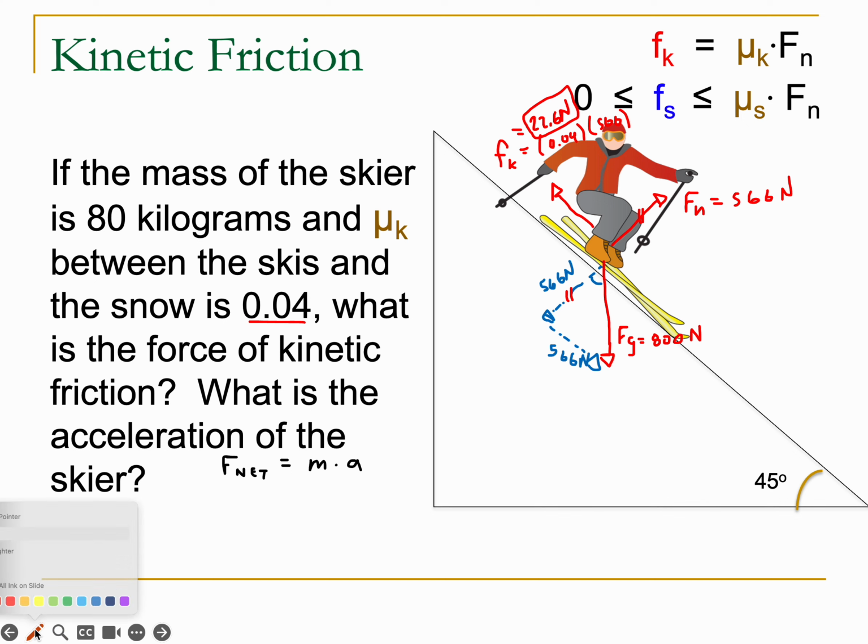So what's the net force on the skier? Well, we've got this going downward, this acting against it. That's supposed to be an arrow. There we go. So the net force in this case is going to be 566 minus the 22.6.